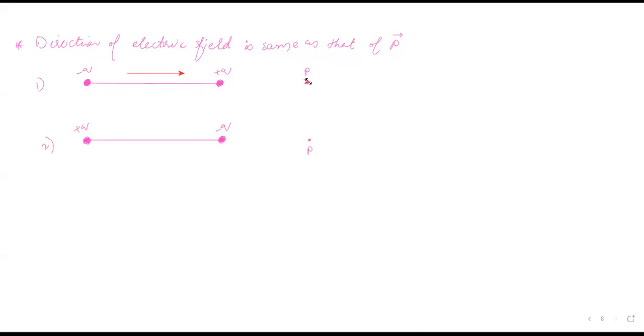Look here, this is along this direction. Note it down. For case 2, the direction will be along the minus x, so the direction will be in this direction at point P. You can note it down, please. This is the direction of the dipole.